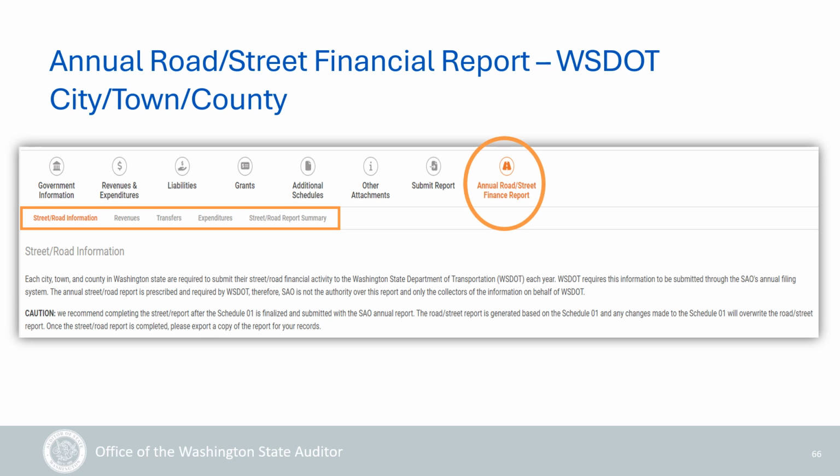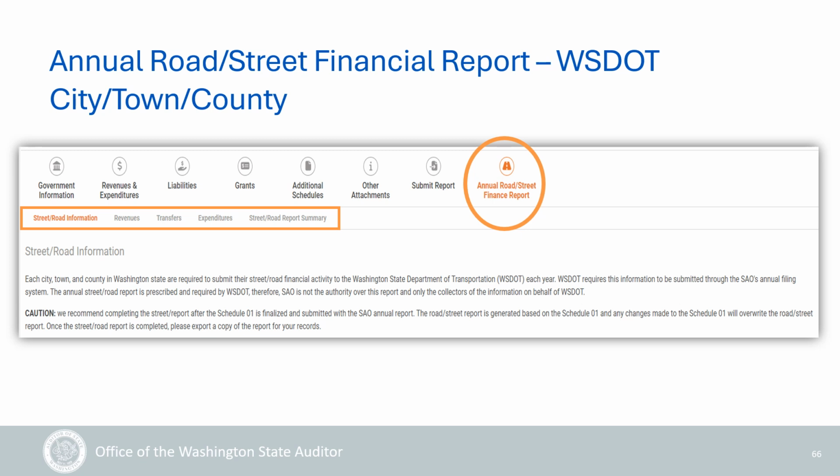For cities, towns, and counties, you will see one additional module in your annual report for the Road Street Report. This report is prescribed and required by the Washington State Department of Transportation, and we are only the collectors of the data on behalf of WashDOT. The reason this module is after the Submit Report module is because it's not part of our SAO annual report requirements that is due within 150 days after fiscal year end.